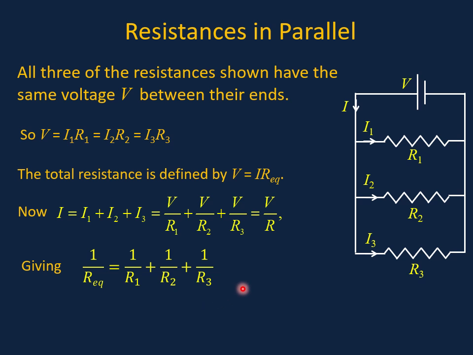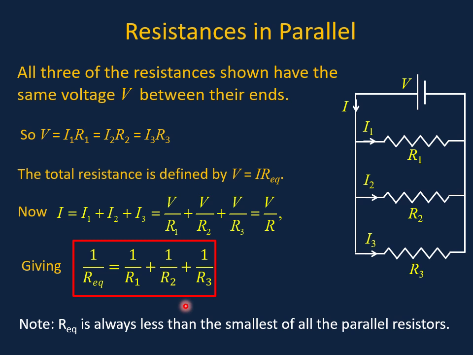So the resistors in parallel add inversely to give you the equivalent resistance. Now, one fact to remember here, which is not proved but stated, is that the equivalent resistance is always less than the smallest of all the parallel resistors.